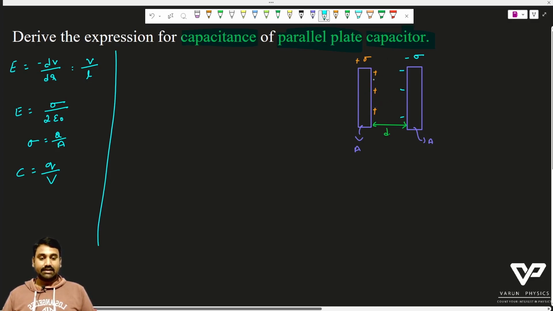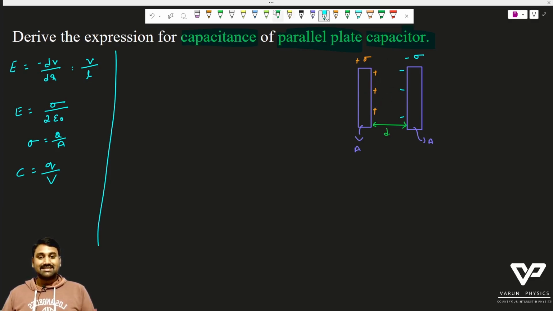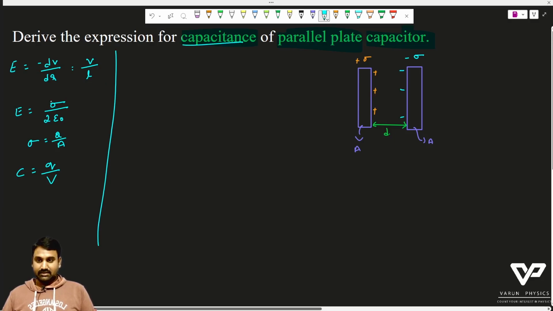Now what do we have to calculate? We need the capacitance. Capacitance is generally given by C is equal to Q by V. Q can be identified by sigma is equal to Q by A, and next we need the potential V. Potential can be calculated using the electric field. So, in order to find the electric field, we'll choose three regions: region 1, region 2, and region 3.